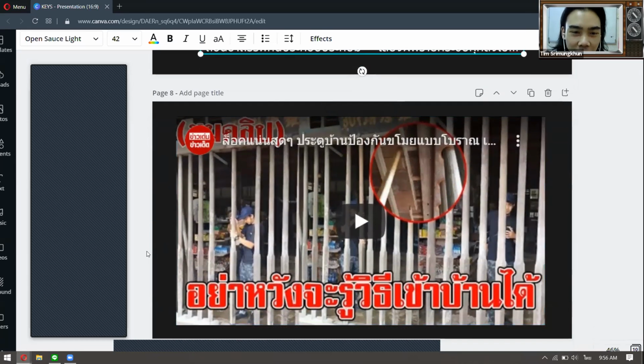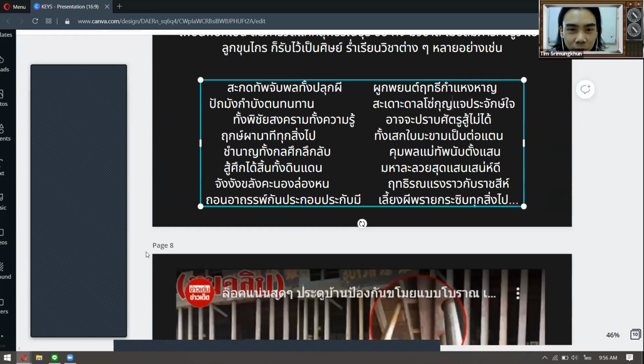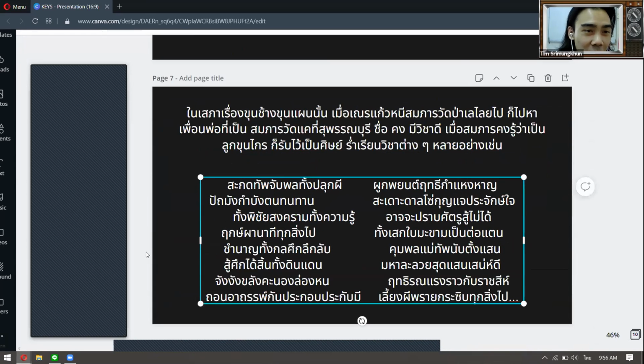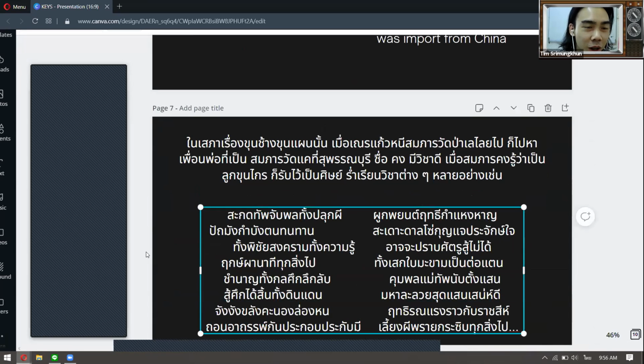And then I found one more piece of information about Thai culture and locks and keys. It says that only the higher level of people could use this technology, I mean, could afford to buy these things.